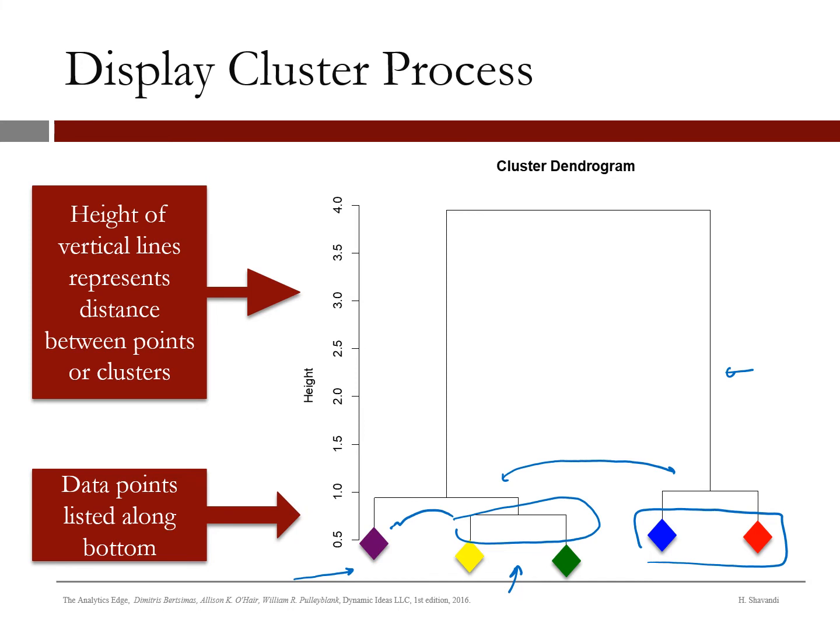After having the dendrogram, we can apply an analysis to see what would be the desired number of clusters. At the beginning we have n clusters, and at the end we have just one cluster. So between 1 up to n, we will see what will be the desired number of clusters.